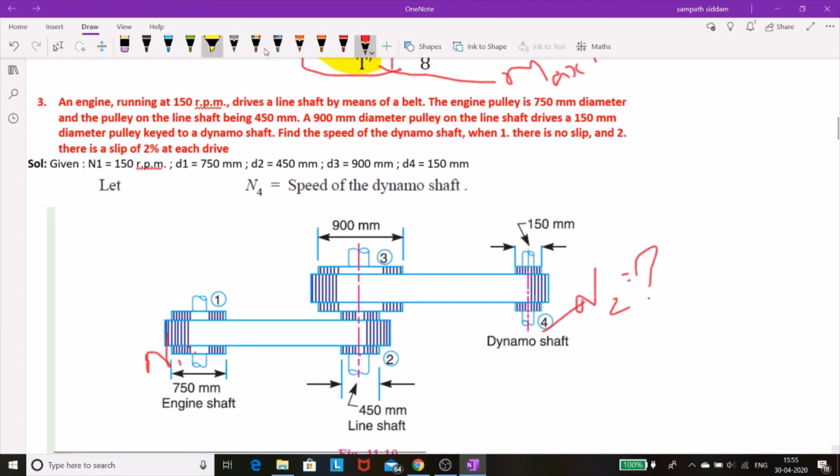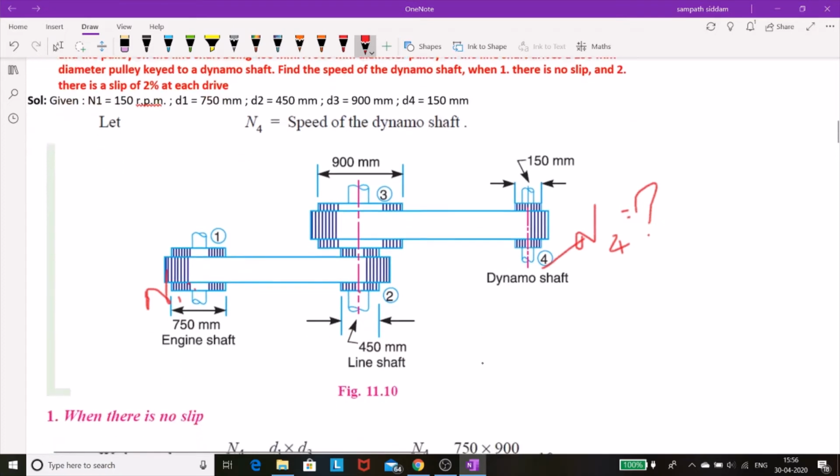So write down the given data: N1, D1, D2, D3, D4, because 4 pulley diameters and 1 speed are given. N4 is what we need to calculate. Let's take N4, N1, N2, N3. If you want to calculate N4, you need to calculate N2, N3, and all those things, and only then will we be able to calculate N4. That is from the gear train relations, which we have already learned.